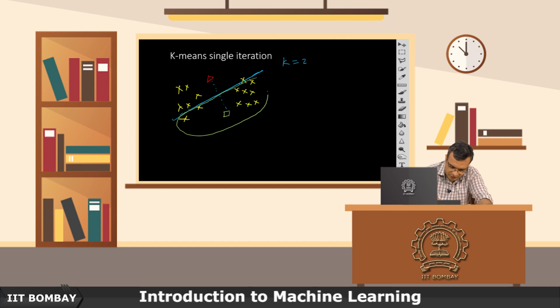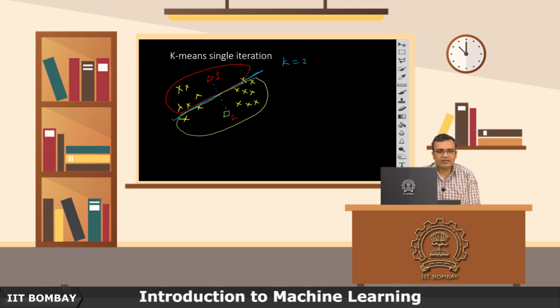Whereas all the points that are circled by red belong to the triangular centroid, because they are now closer to the triangular centroid as opposed to the square centroid. So this defines the membership of each sample point. Each sample point either has the membership to cluster 1 or to cluster 2.